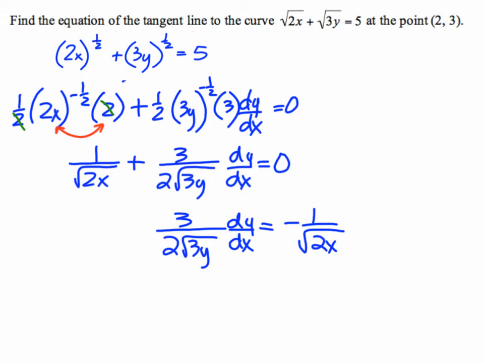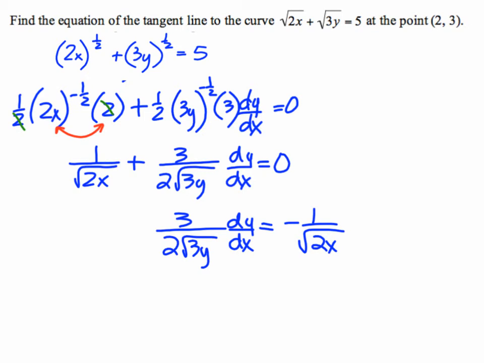The 1/2 in the second term goes in the denominator, and the exponent negative 1/2 becomes a radical in the denominator, so square root of 3y. One over the square root of 2x is taken to the right-hand side of the equation and becomes negative.